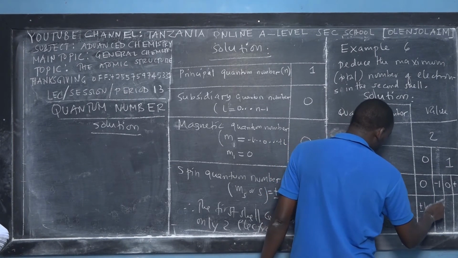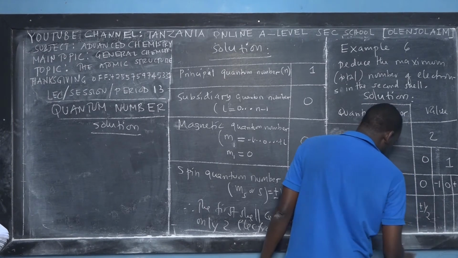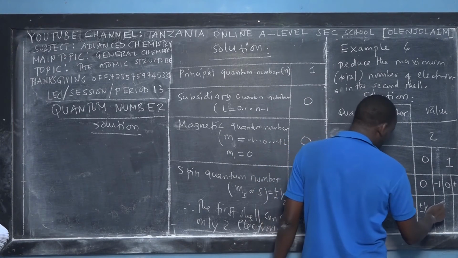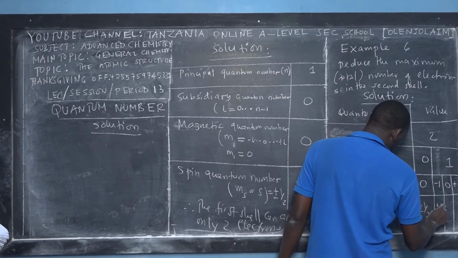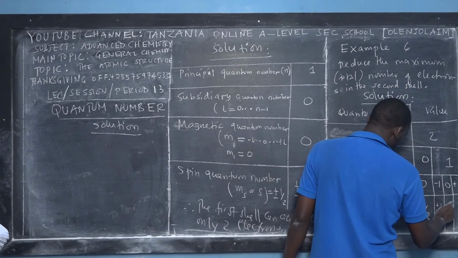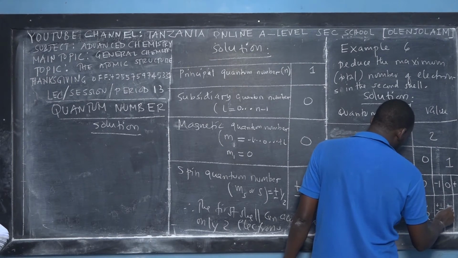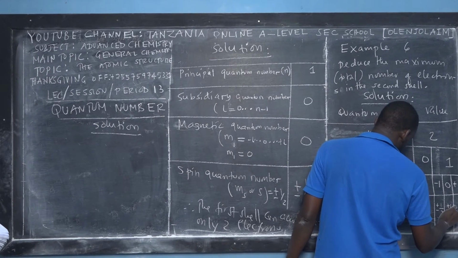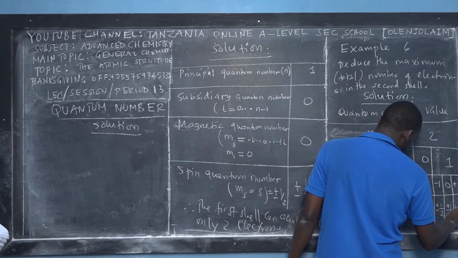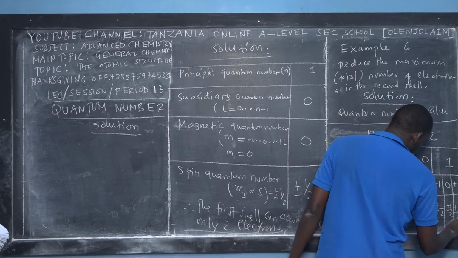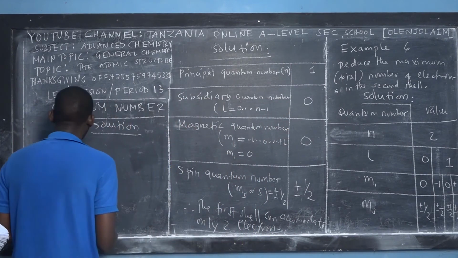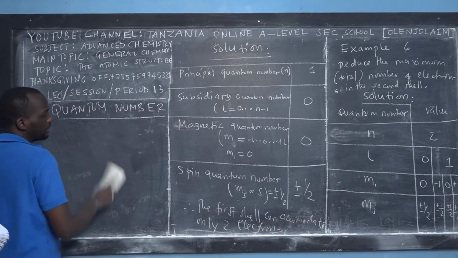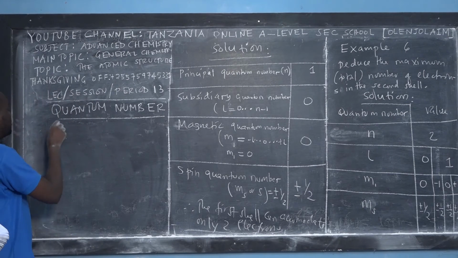Also, when the magnetic quantum number is equal to -1, it occupies plus or minus a half. This one and this one will also occupy plus or minus a half.